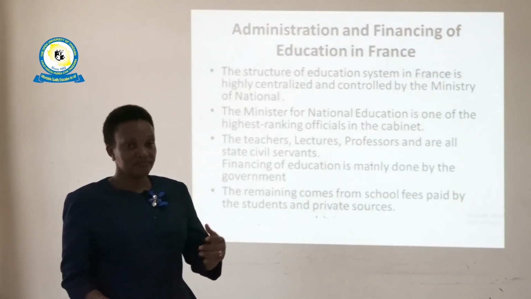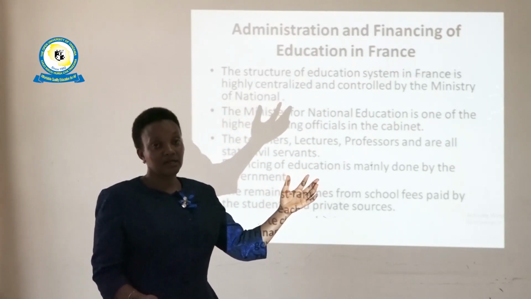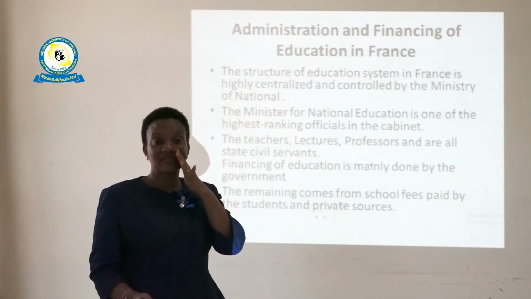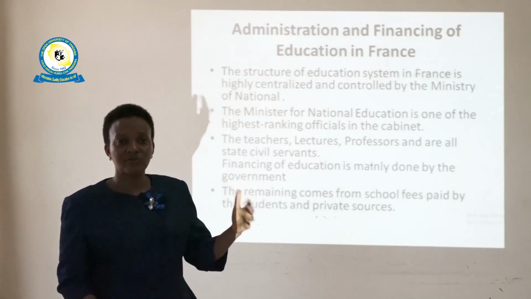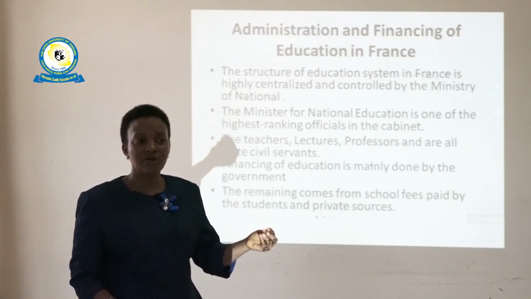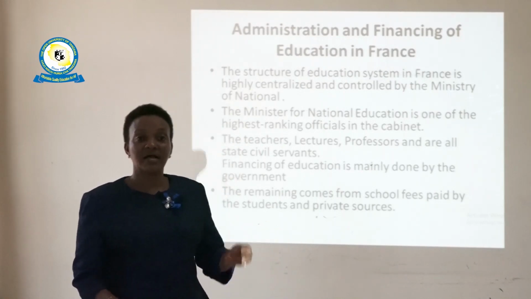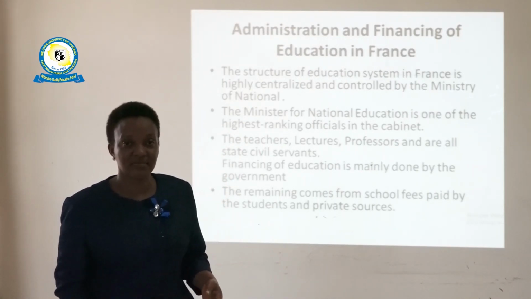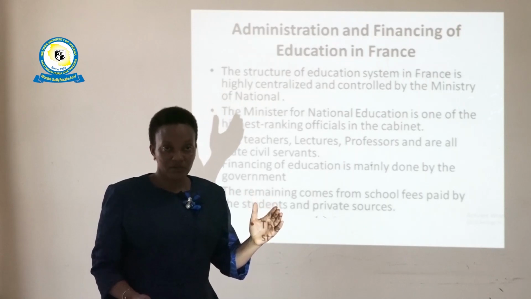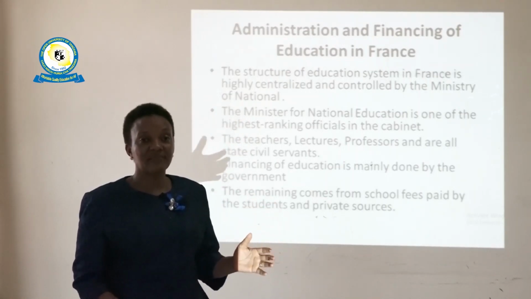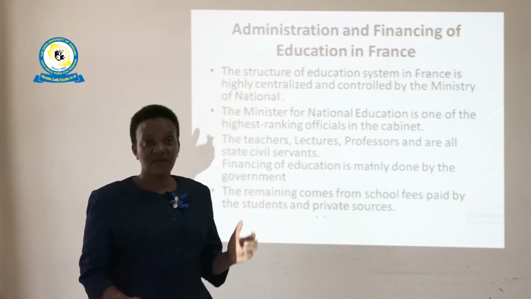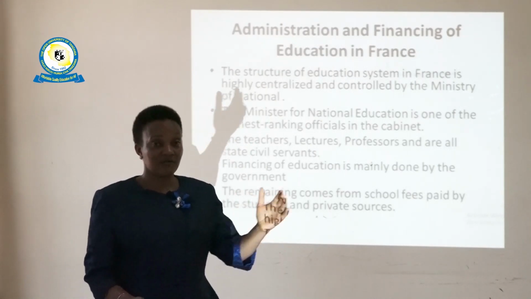So, after looking at that presentation, you can now make an analysis of how education in France is controlled, how it is organized, and how it is financed. So you have seen that the education is divided into four stages.